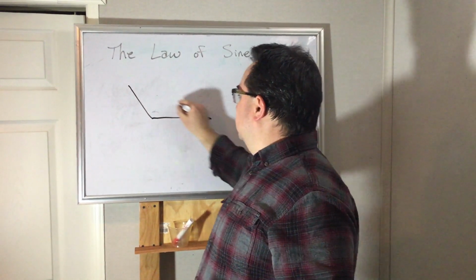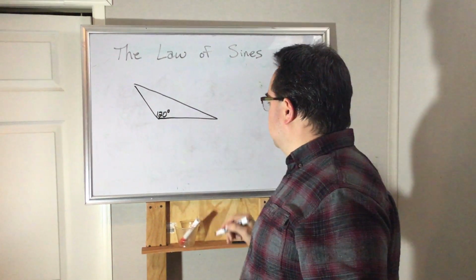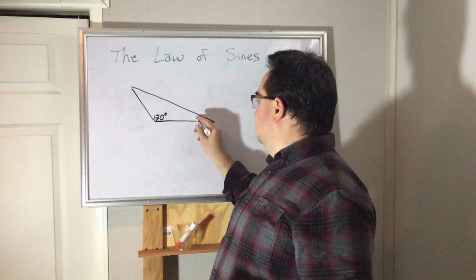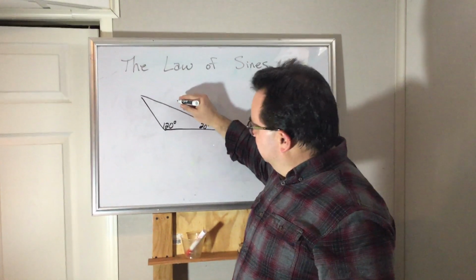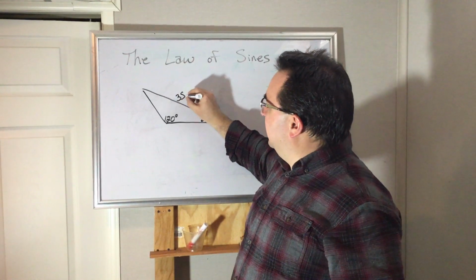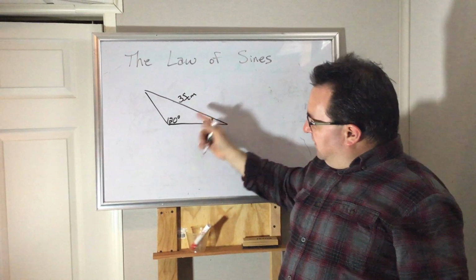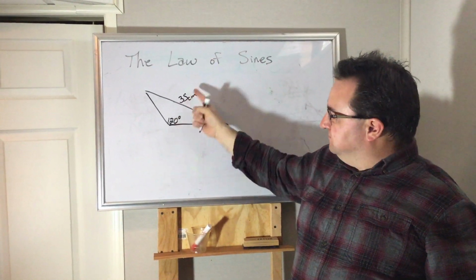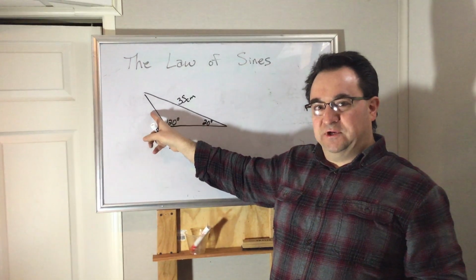Let's do an obtuse one. Suppose this is 120 degrees, and suppose I tell you this is 20 degrees, and I tell you this side is 35 centimeters. Now, to use the law of sines, see, this is an opposing pair, good. And now I'd like to be asking you what this one is, right?